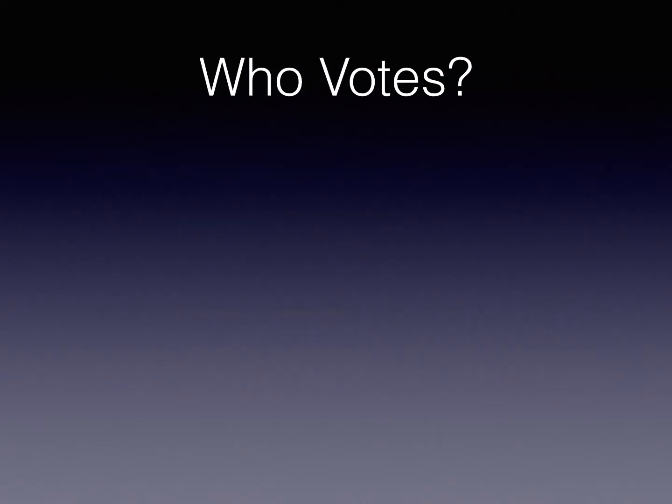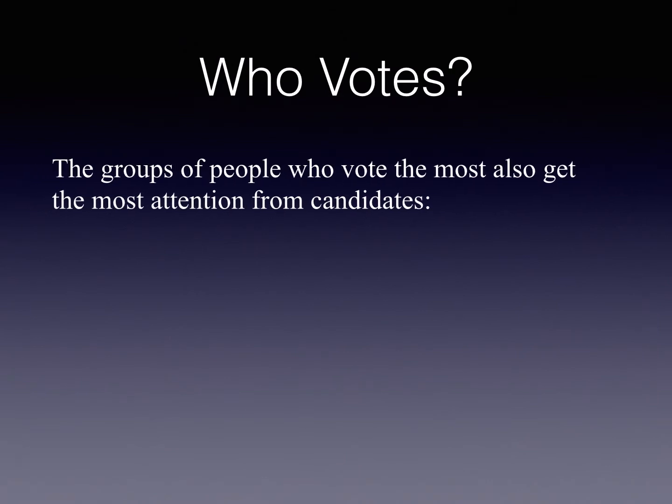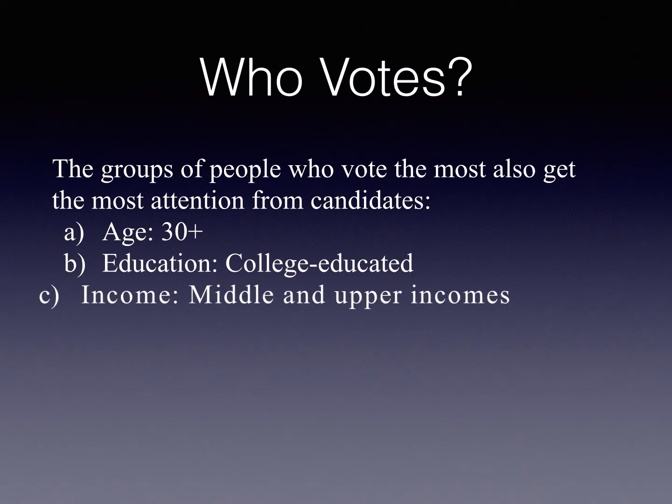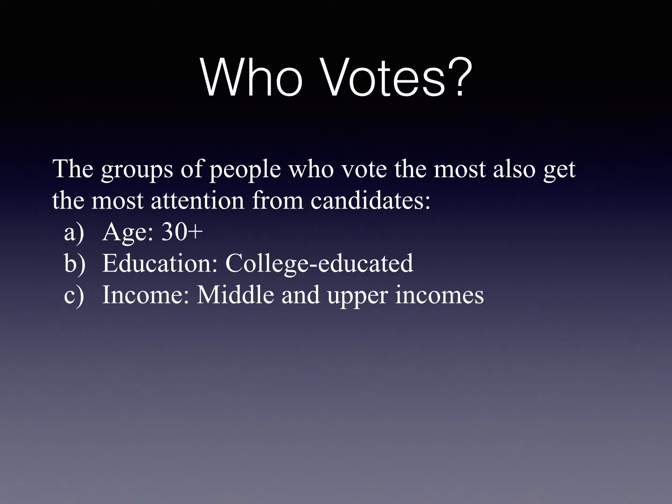Last topic we're going to discuss is who votes, okay? Because, quite frankly, candidates are going to focus their attention on the people who vote. So, defining characteristics. Typically, the average voters are people who are over the age of 30, who are college educated, and who are in the middle or upper class.